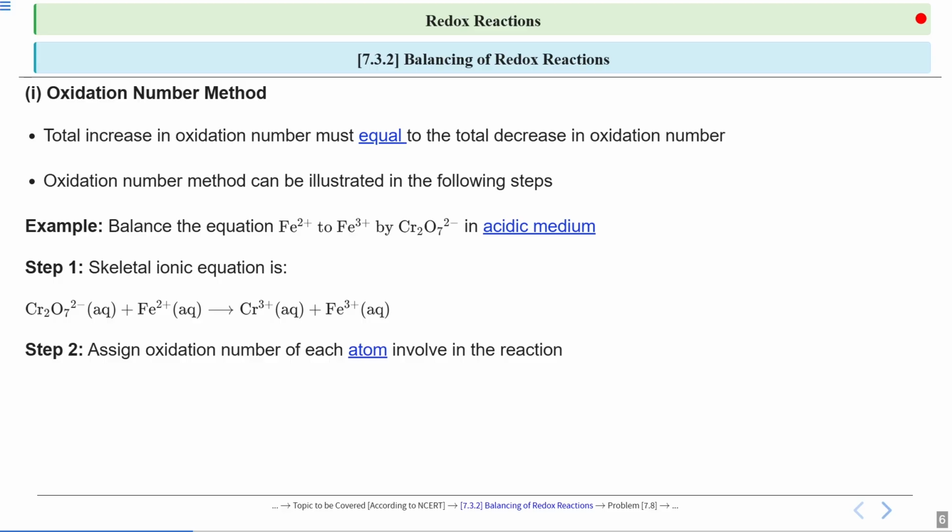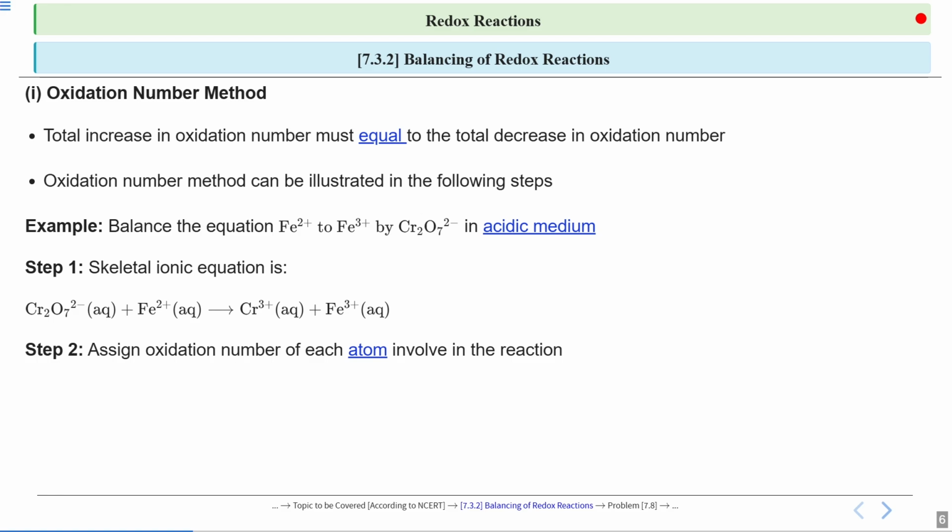Step 2 is to assign the oxidation number of each atom involved in the reaction. That means there are different types of atoms participating in the reaction: the first one is chromium, then oxygen, and then iron.